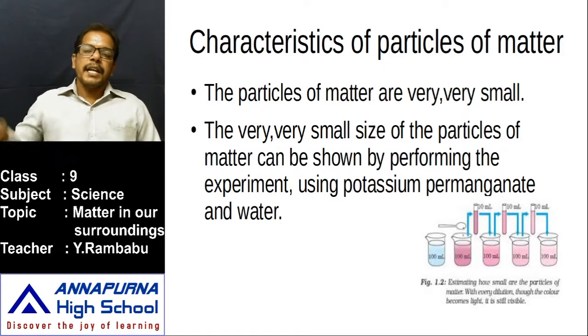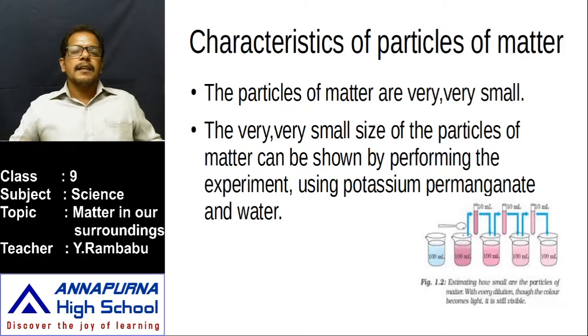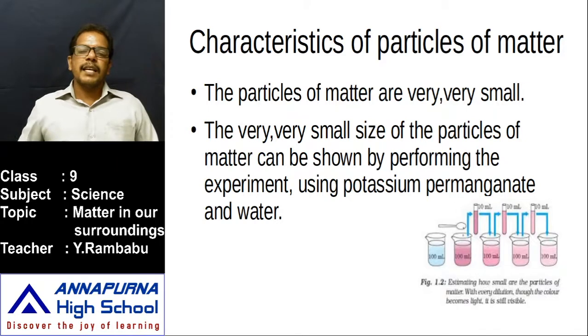Still the final beaker is also colored, but the intensity of the color is low compared to the first beaker. What does it indicate? This shows that a small amount of matter contains a large number of particles. If we go on diluting like this, the number of particles decreases. That's why the last beaker is still colored.